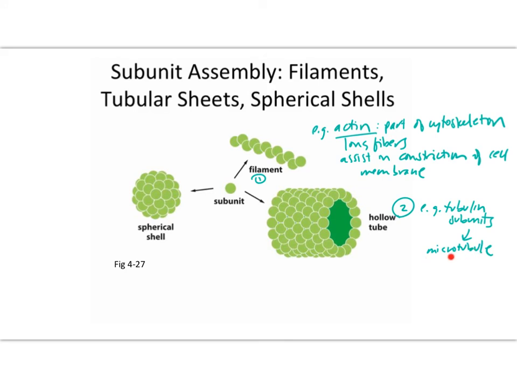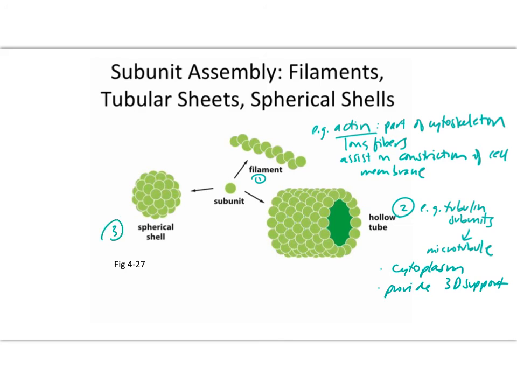The microtubules are also part of the cytoskeleton, and these are found in a different location, and they have a slightly different function in the cell. They instead hang out more in the cytoplasm, and they basically can provide three-dimensional support for the cell.